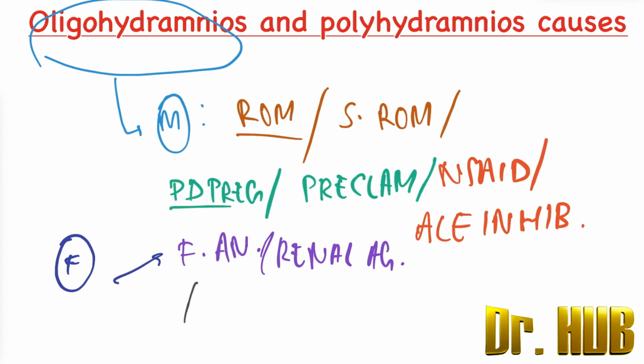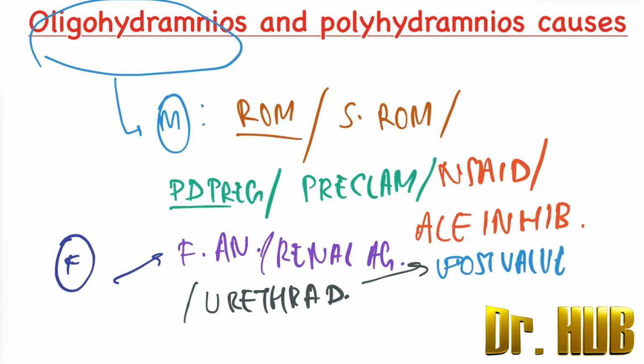Then come the urethral defects. That is, there can be the posterior valve or the obstructive uropathy.